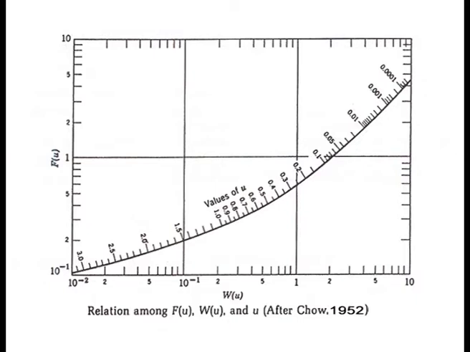On the x axis he has plotted the value of W, on the y axis he has plotted the Fu function, and in between he has given the value of u. This is on log paper. This standard curve is used first.